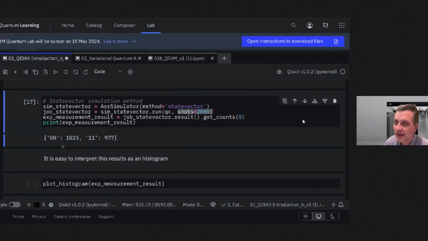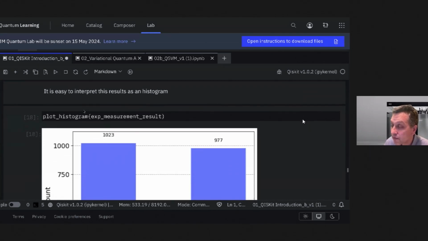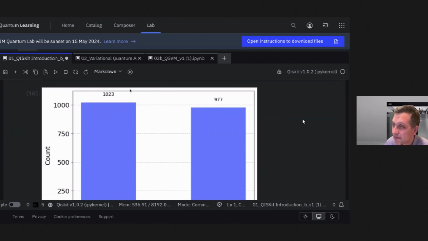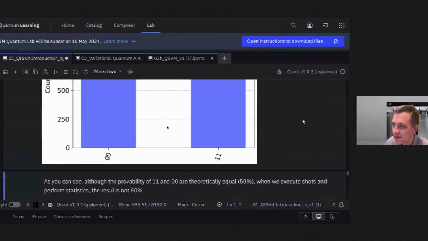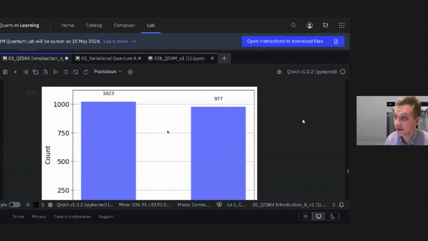You cannot measure this. You need to sample the distribution. And we can plot a histogram of the states. We know that we should have the same number in the 0, 0 and in the 1, 1, because that's what we want to do with this circuit. We do not get the same results until we get infinite shots. And this is not error. This is sampling, okay? This is statistical.